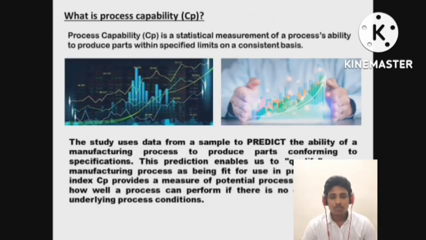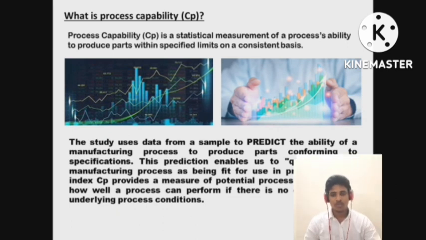We already know process capability is a statistical measurement of process ability to produce parts within specified limits. For example, a company which buys a new CNC machine, they are installing some process in the machine. How can they ensure that the process they install in the machine is capable? Here the process capability plays a major role.